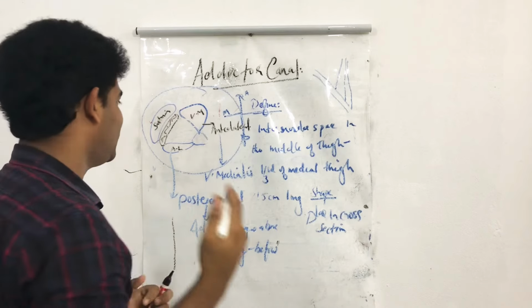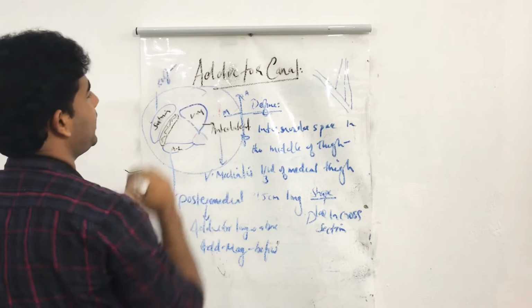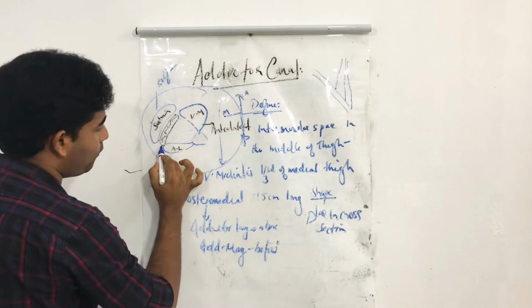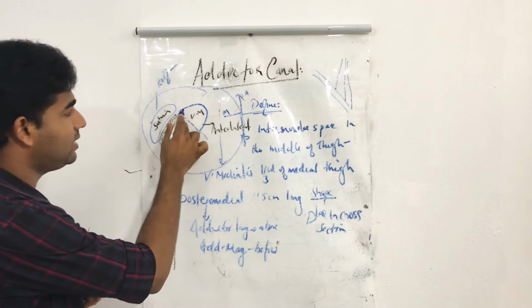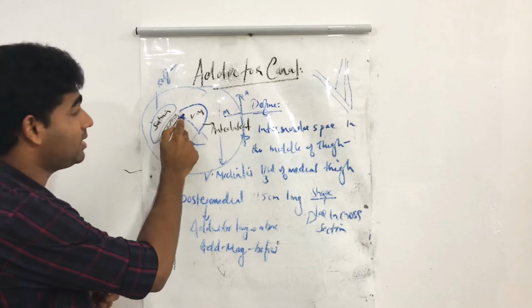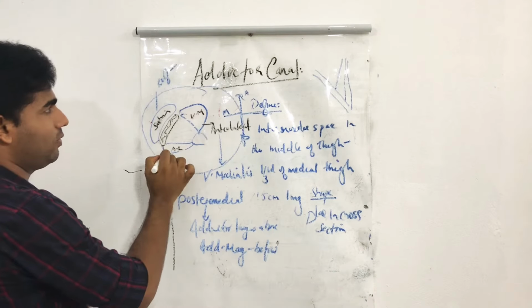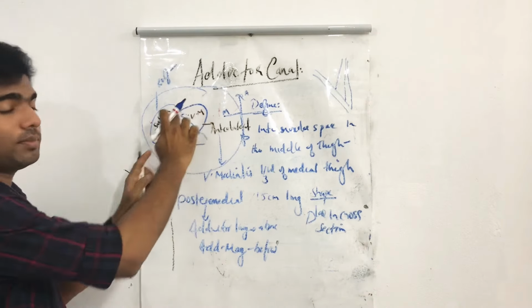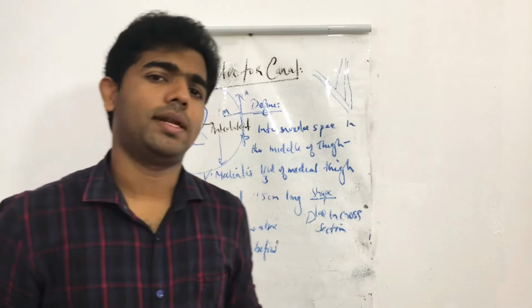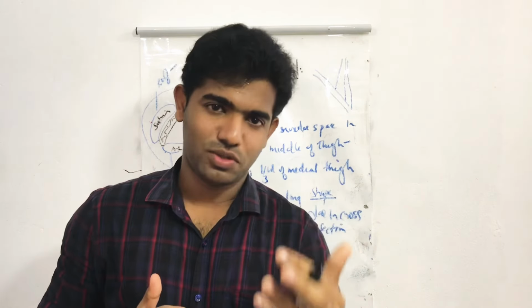Just recollect the things. Then the roof of it. The roof is made up of a fibrous membrane connecting this boundary to this boundary. What is this boundary? Can you name it? This is the anterolateral boundary, this is the posteromedial boundary. So this roof is made up of a fibrous membrane that connects the anterolateral boundary to the posteromedial boundary, okay?